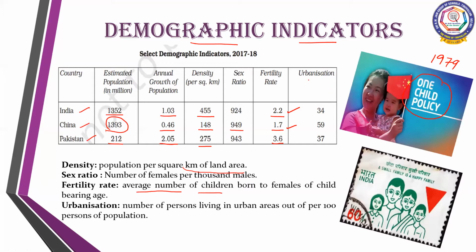The next is urbanization. Urbanization is the number of persons living in urban areas out of per 100 persons of population. As far as urbanization is concerned, it is the highest in China, whereas India's is only 34 and Pakistan's is 37.